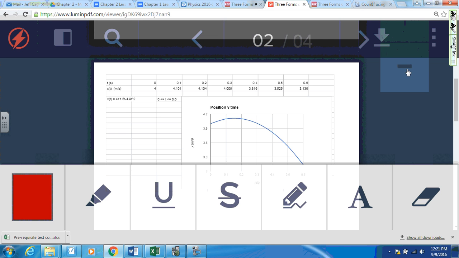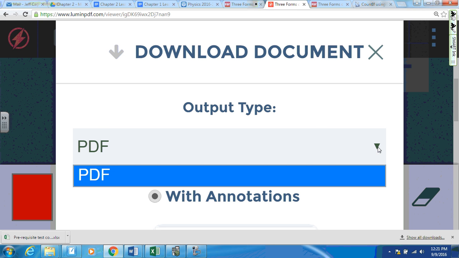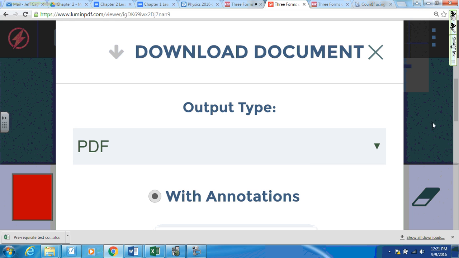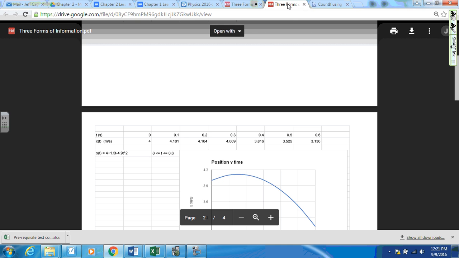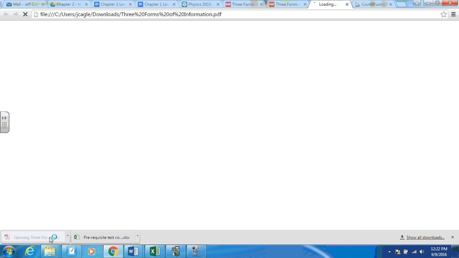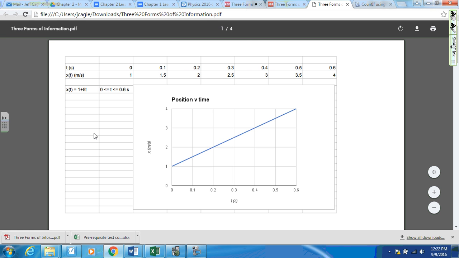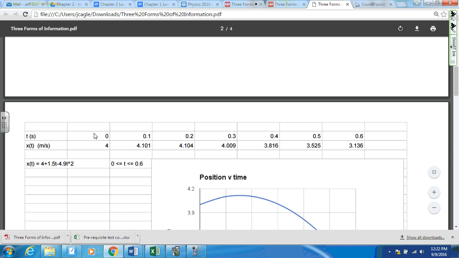See if I can get this any bigger. Oh, that's much better.